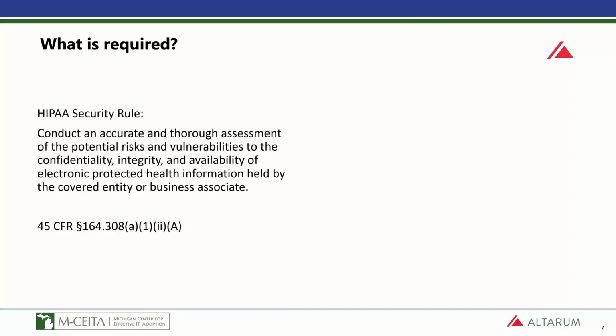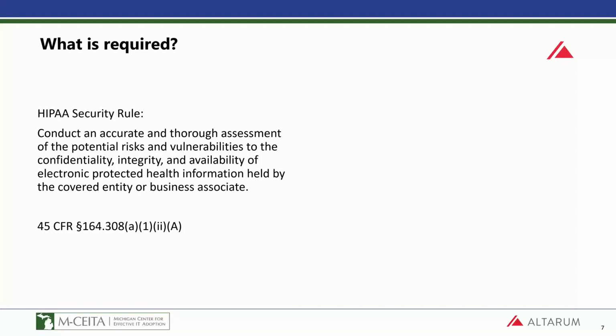So electronic protected health information is referring to protected health information, or PHI, specifically that is transmitted over the electronic media. And what is defined as electronic media is electronic storage material on which data is or may be recorded electronically, including, for example, devices in computers, such as hard drives or other storage units, and any removable or transportable digital memory, such as a magnetic tape or disk, optical disk, or a memory card.